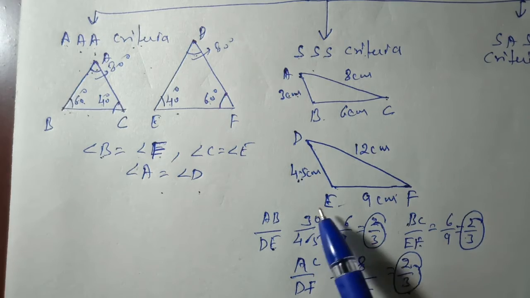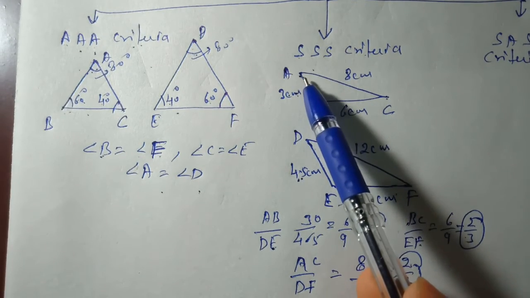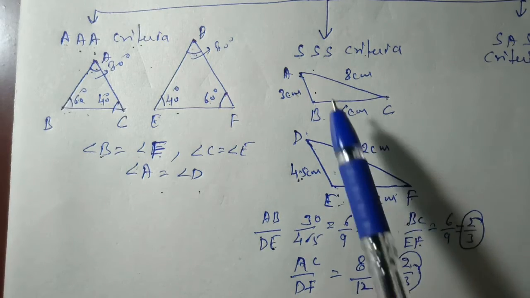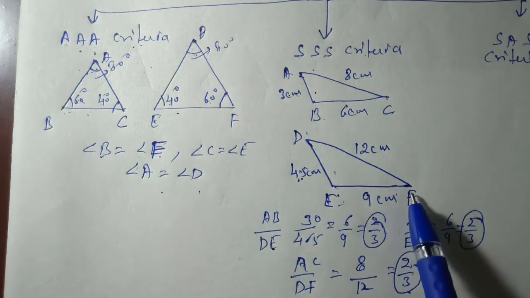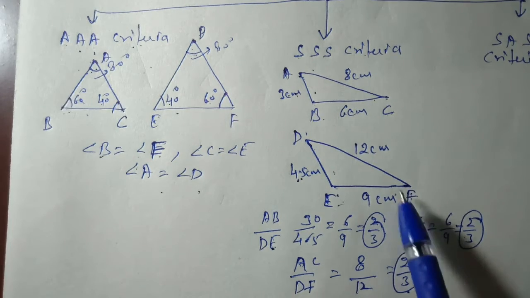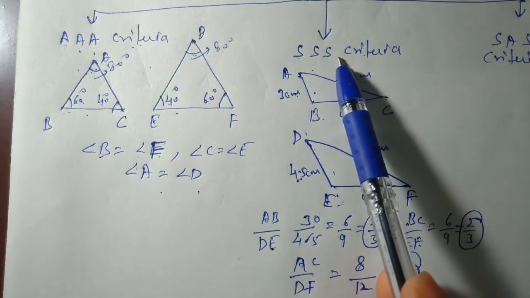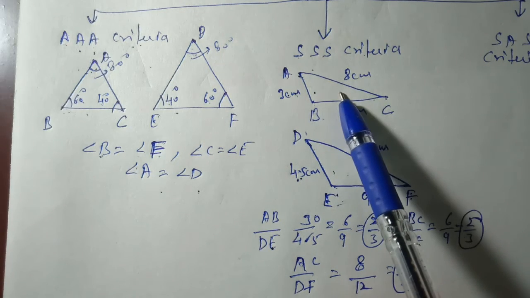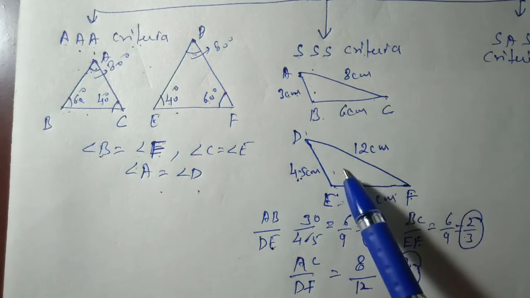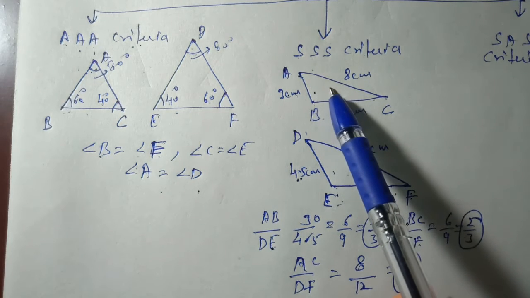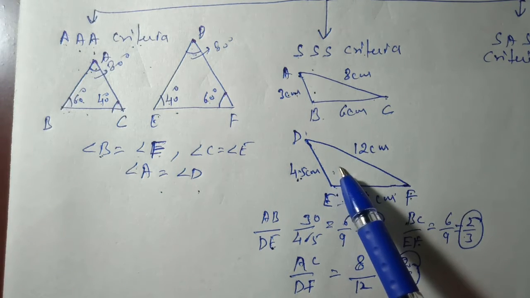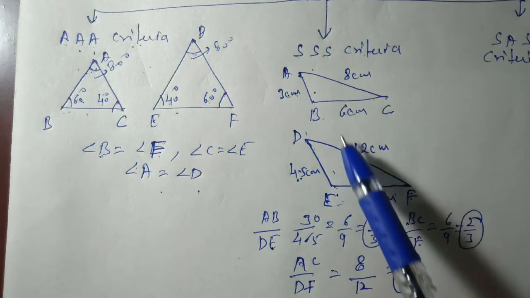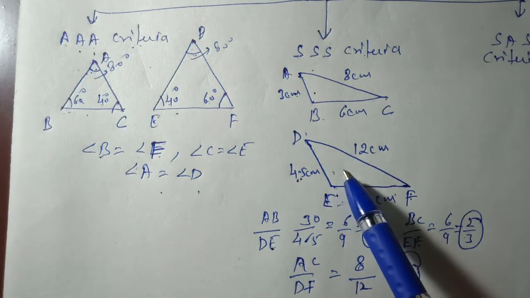So here we are observing that the ratio of the sides, AB upon DE, is equal to BC upon EF and equal to AC upon DF. So on the basis of sides, these two triangles are said to be similar. Again, two triangles are said to be similar if their corresponding sides are in the same ratio. On the basis of this criteria, we say their corresponding sides are in the same ratio.